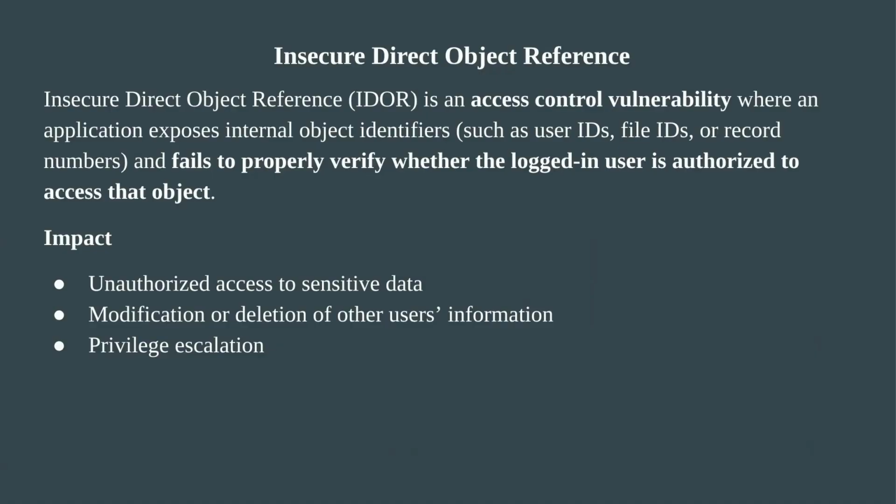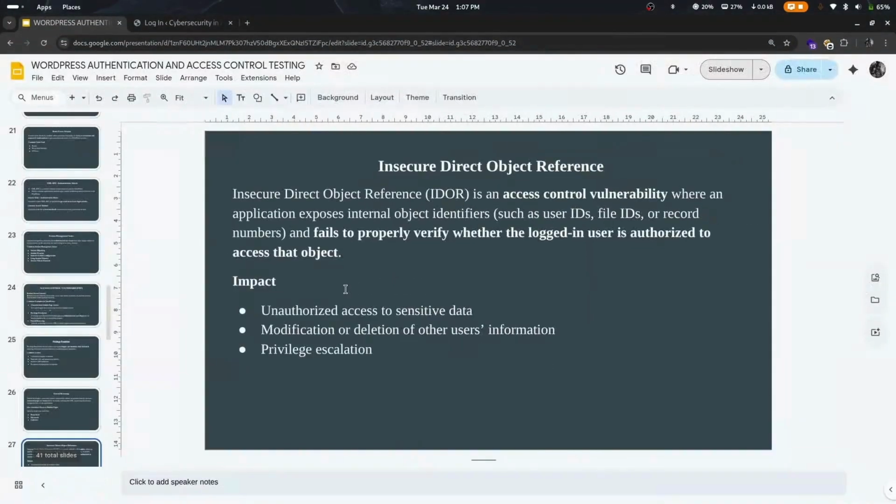An attacker can modify these identifiers to access other users' data. For example, changing a user ID in a request might allow an attacker to view or modify another user account's information. This can lead to serious data exposure and privilege escalation.